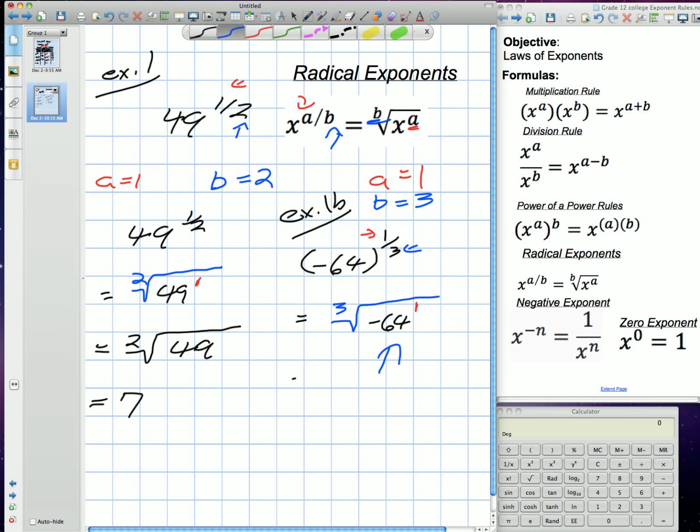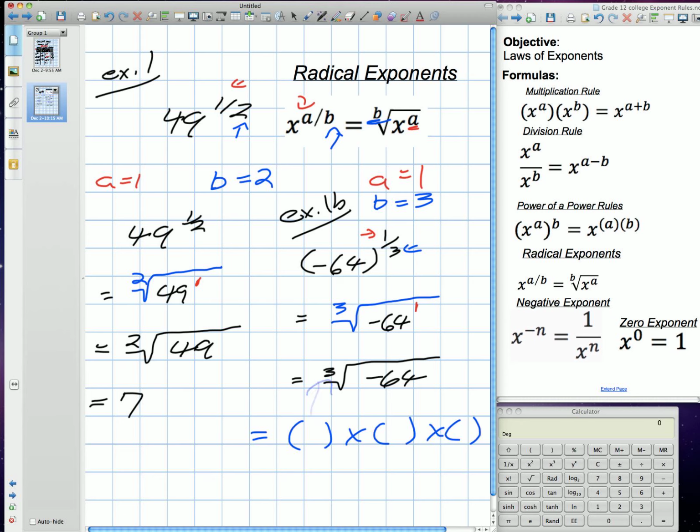Negative 64. So then we're looking for the third root of negative 64. I need a number multiplied by itself 3 times that equals negative 64. That would be a square root, but we're looking for a third root. So not a division. We're looking for a number that times itself is going to give us negative 64.